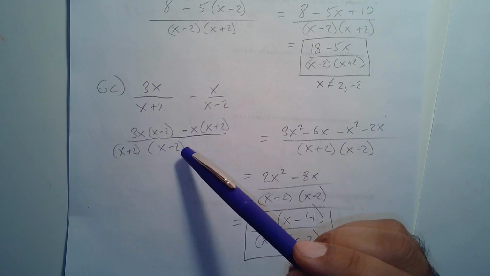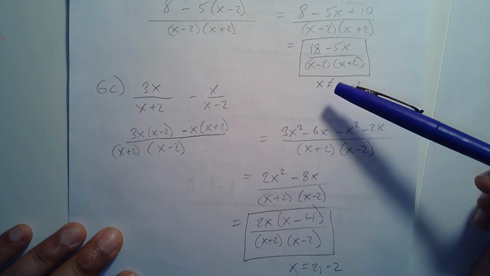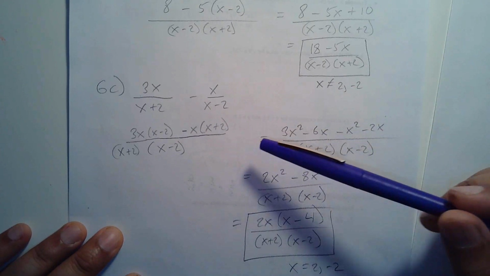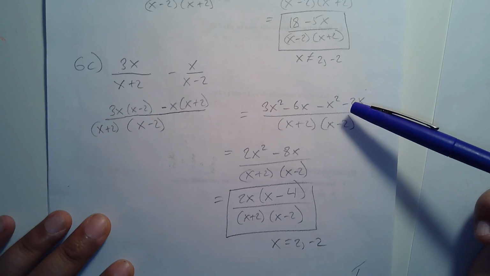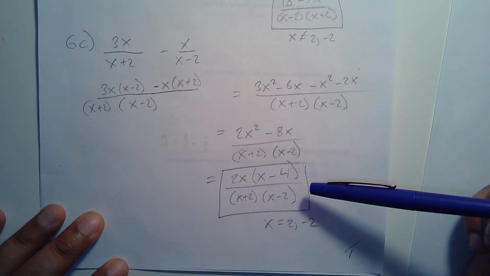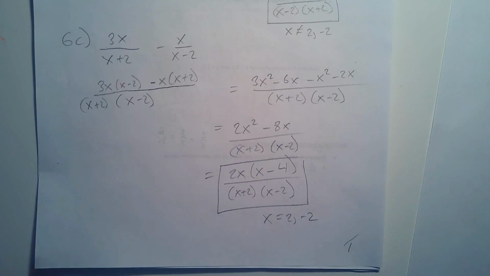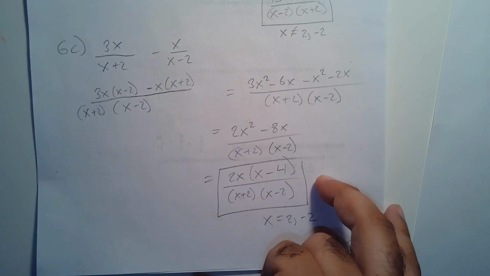Then there's the combination of the two, and you expand those, which will give you this. You can put that together and then factor it, so it gives you 2x, x minus 4 over x plus 2, x minus 2, and there's your restrictions, or your non-permissible values.